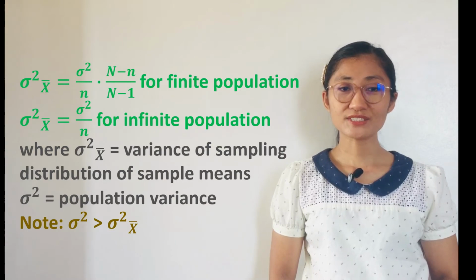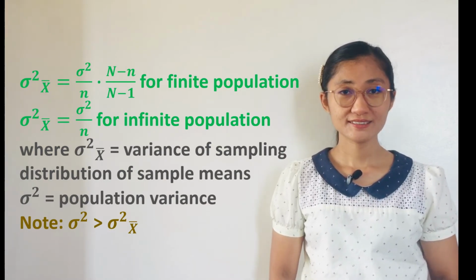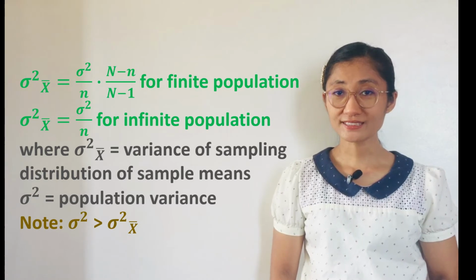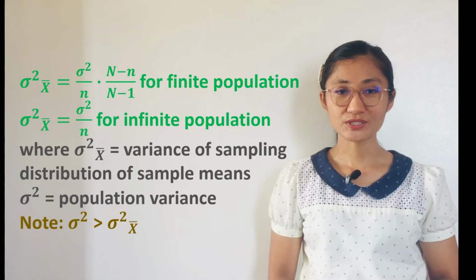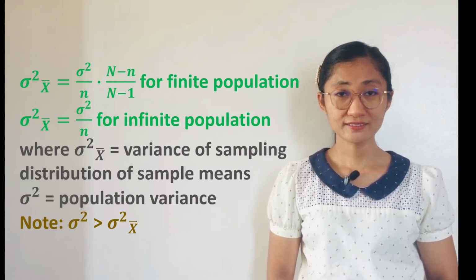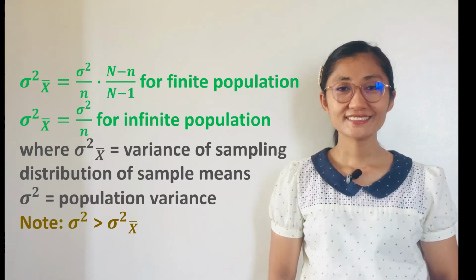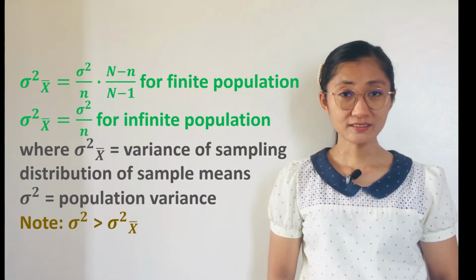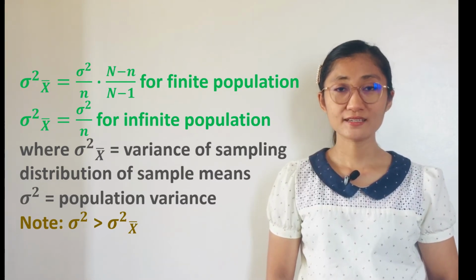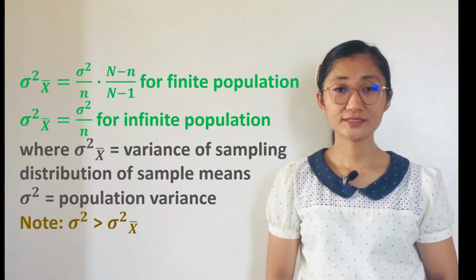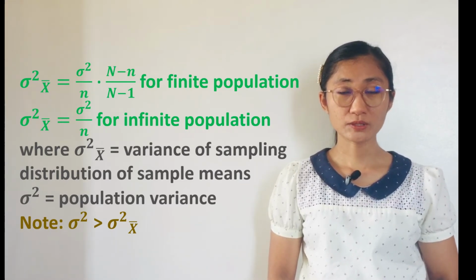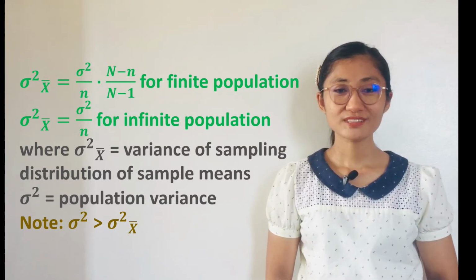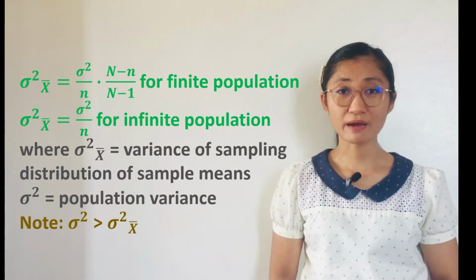Second, the variance of the sampling distribution of the sample means, sigma squared sub x bar, is computed by: variance of the sampling distribution of sample means equals sigma squared over n, small n, or the sample size, times capital N, or the population size, minus small n, all over capital N minus 1, for finite population.